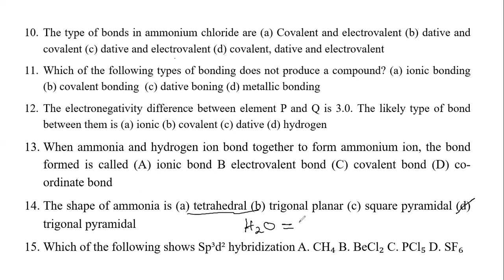H2O is V-shaped, right? Or bent or angular, but it has a total of 4 pairs. When a molecule has a total of 4 pairs, it is tetrahedral. But this bent is a distorted tetrahedral shape because it has 2 lone pairs of electrons.